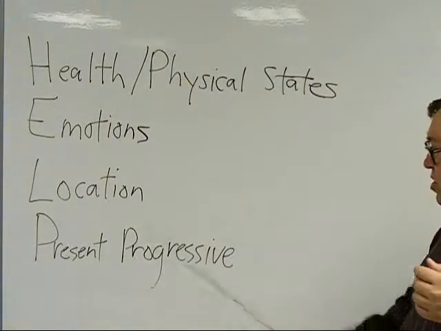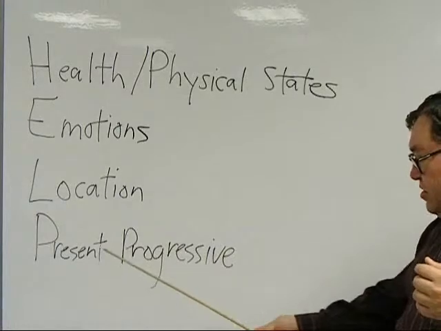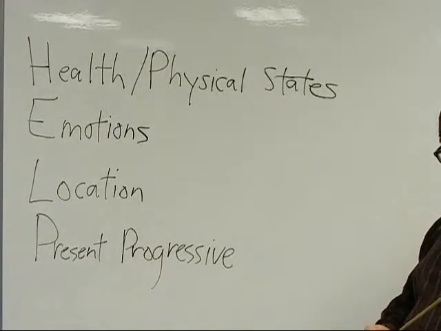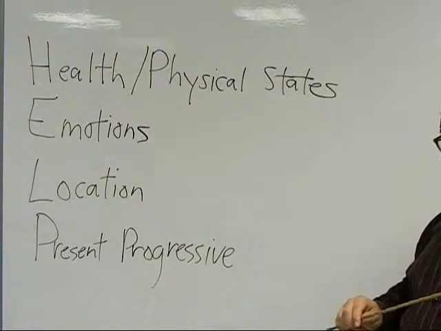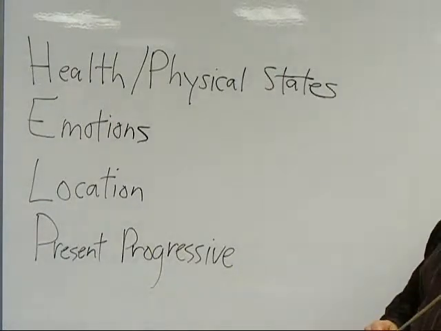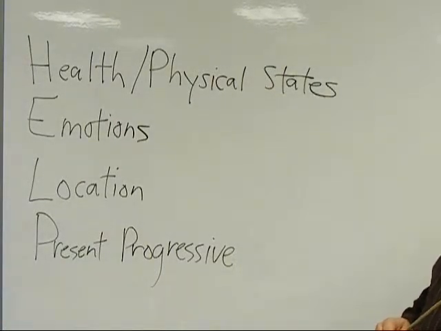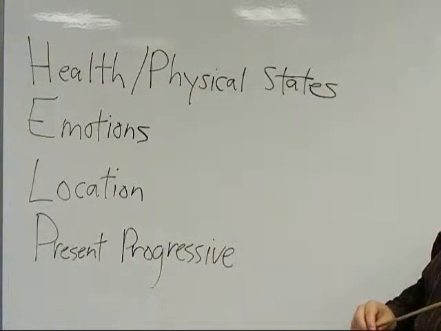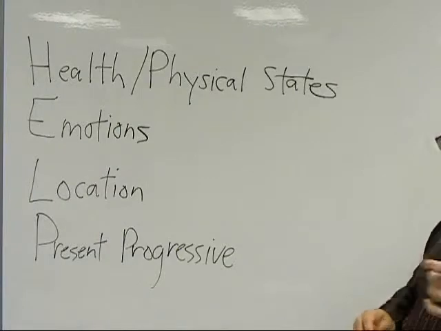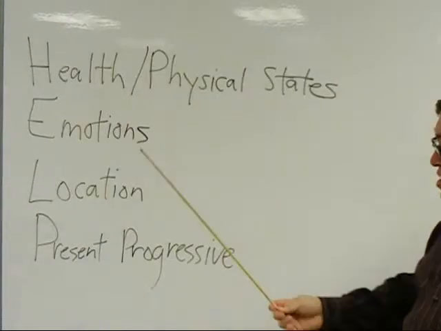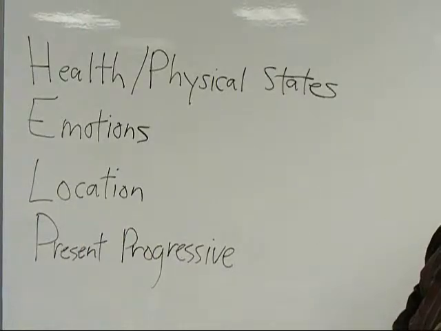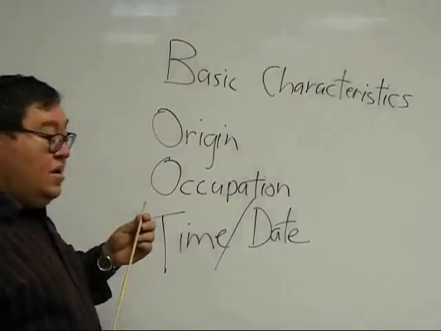So I put it with my H, my E, and my L to get my word help. But in chapter 3 of the book, which is what I'm teaching this lesson for, you don't have the present progressive tense just yet. So to review, to remember what sorts of things go with estar, there are all sorts of temporary things like health, or physical states, emotions, location, or the present progressive tense.